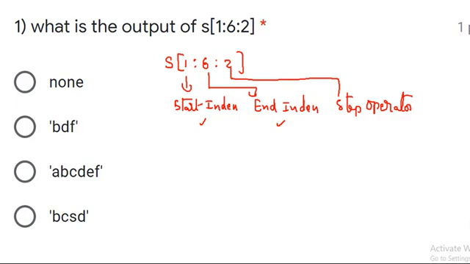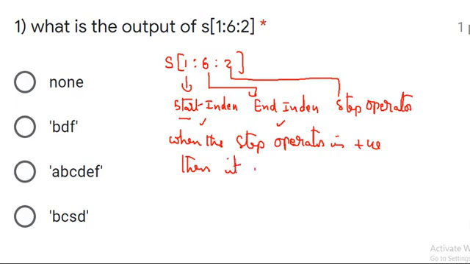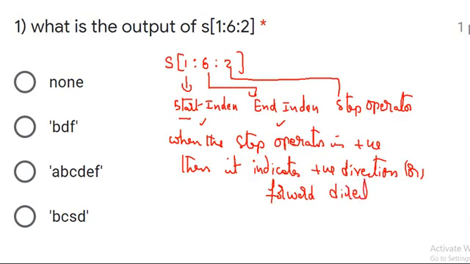Here the step operator is 2. When the step operator, or step value, is positive, it indicates the positive direction, or you can call it the forward direction.